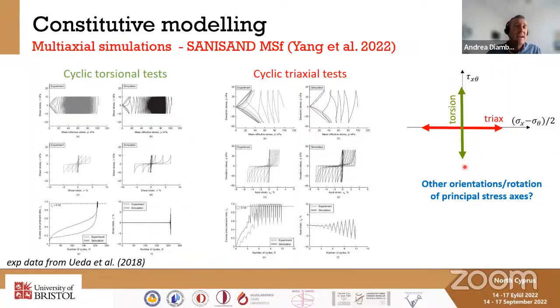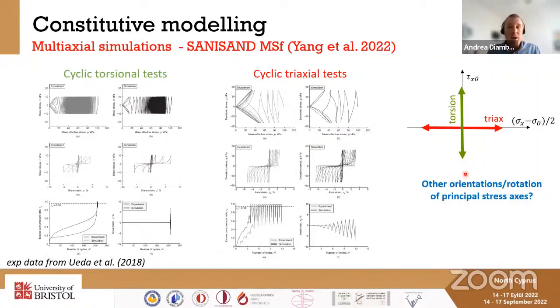And I have to say that I'm not sure that the model in this formulation can really capture what, for example, we have seen before, that was the nonlinear effect of the orientation of the principal stress axis. Probably there are other mechanisms that need to be better tuned in order to have a model that fully captures the multiaxial behavior. So further work, I believe, needs to be done in this direction.